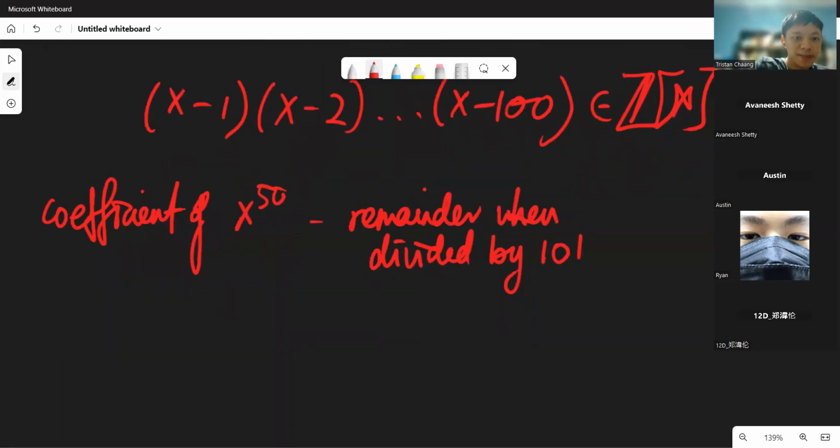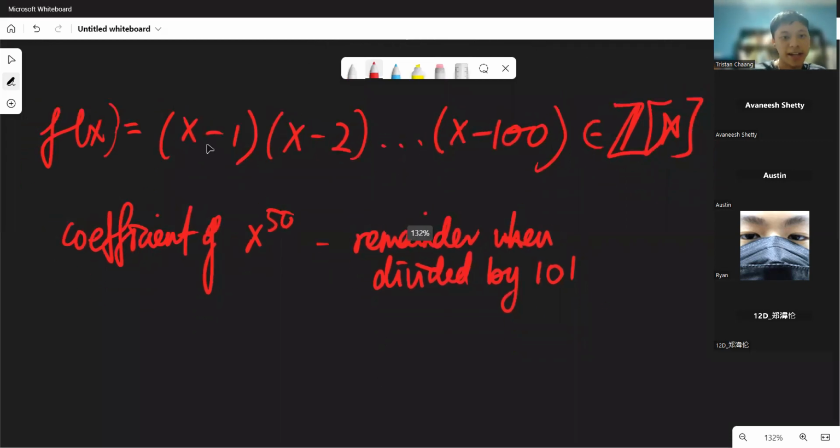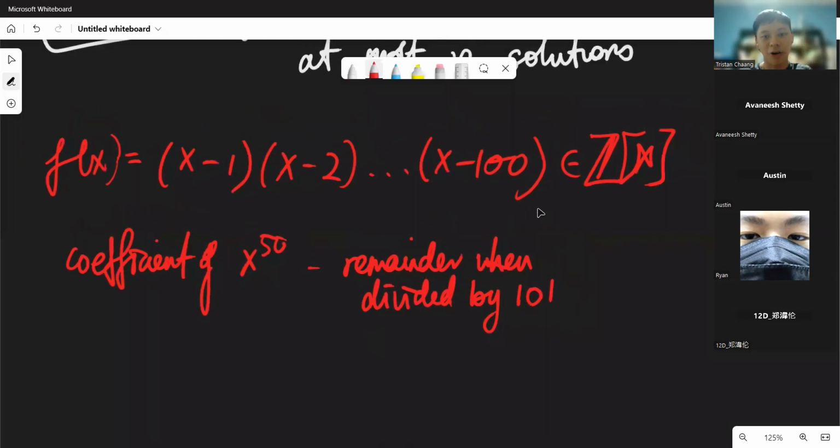So let this be f(x), for example. Now, when expanded, it has x to the 100 plus and so on.